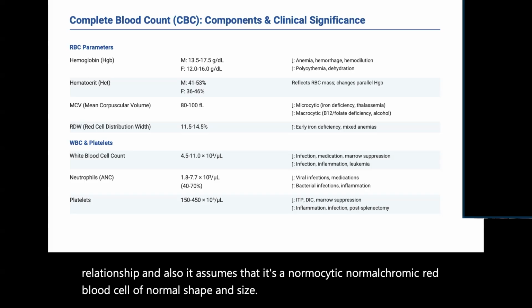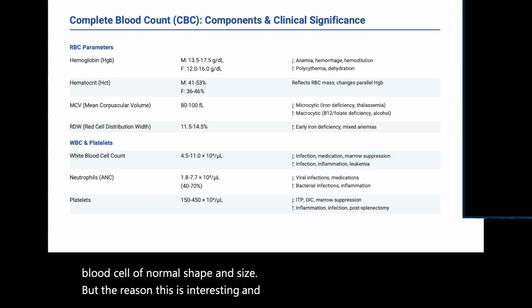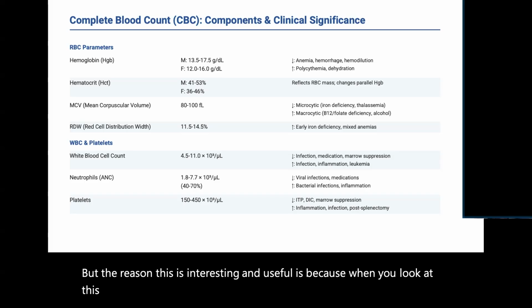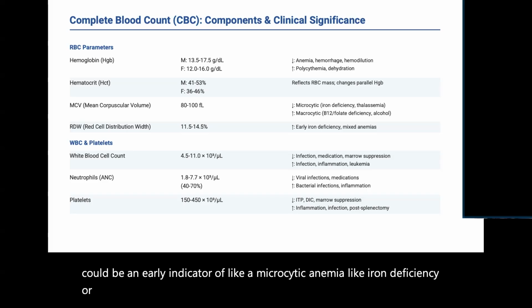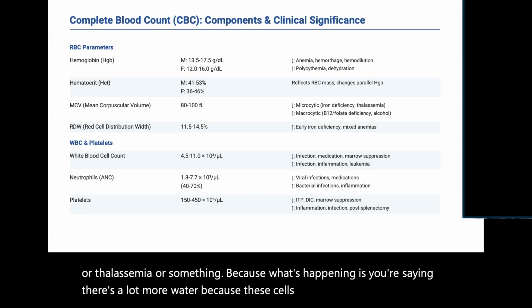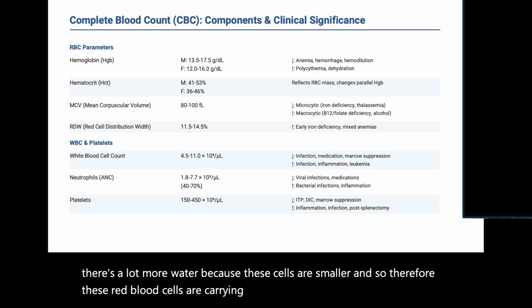The reason this is useful is that a low hematocrit to hemoglobin ratio, say less than 3, could be an early indicator of a microcytic anemia, like iron deficiency or thalassemia, because these cells are smaller, and so these red blood cells are carrying less hemoglobin per volume.